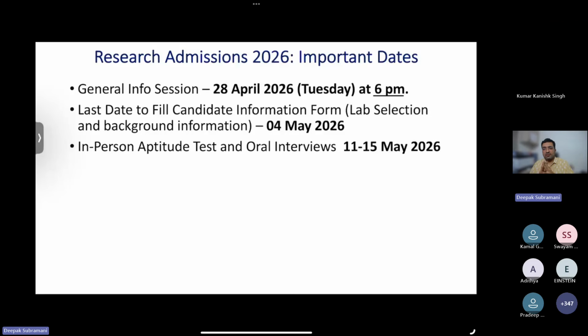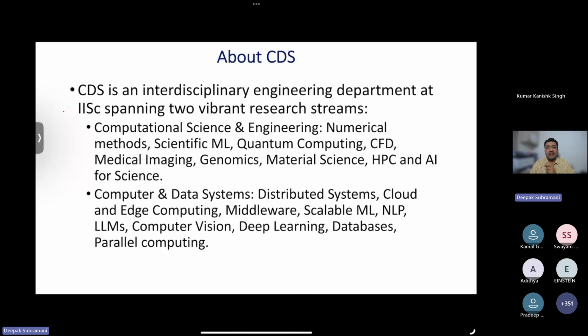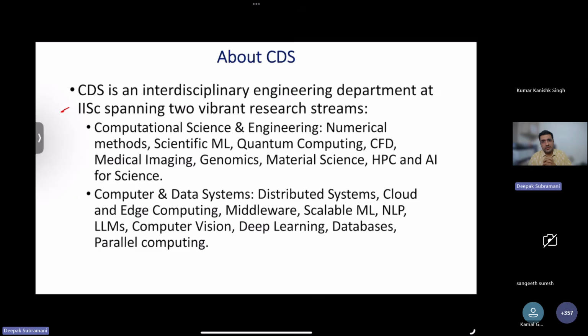Let me start by telling you about the CDS department. CDS, Computational and Data Sciences, is an interdisciplinary engineering department at the Indian Institute of Science. The department was established about 11 years ago, in 2015.